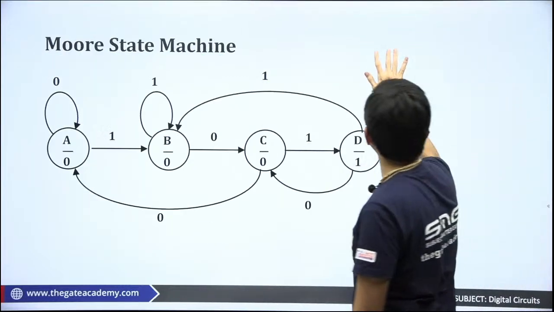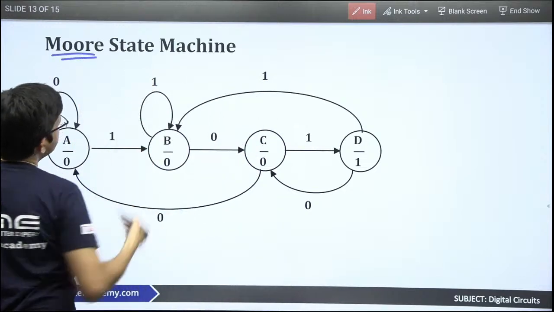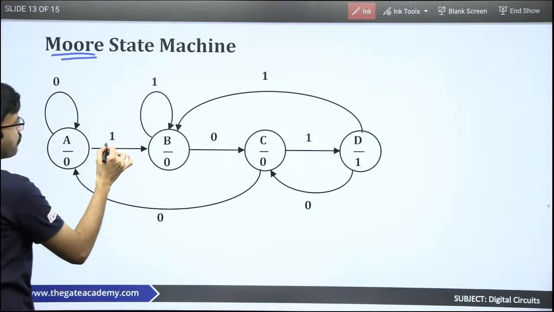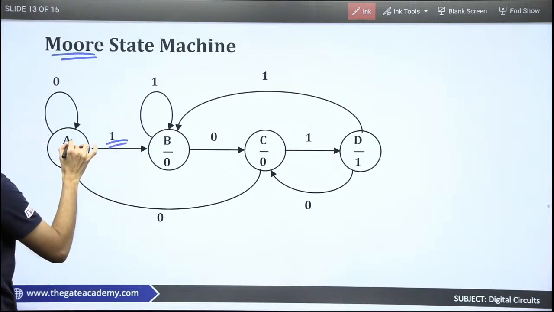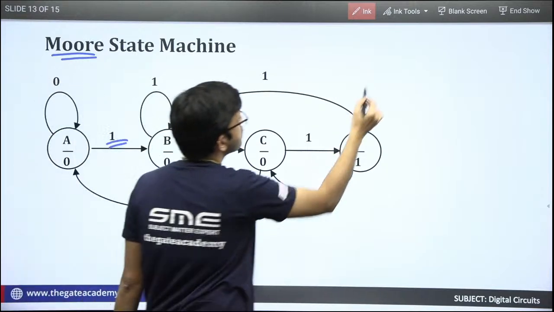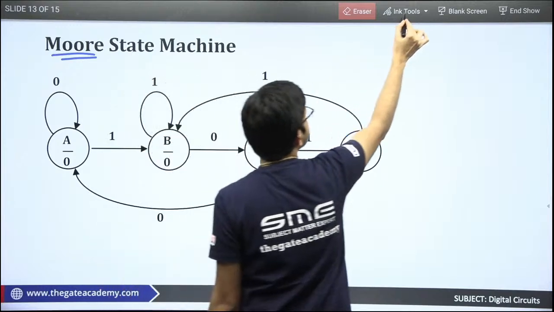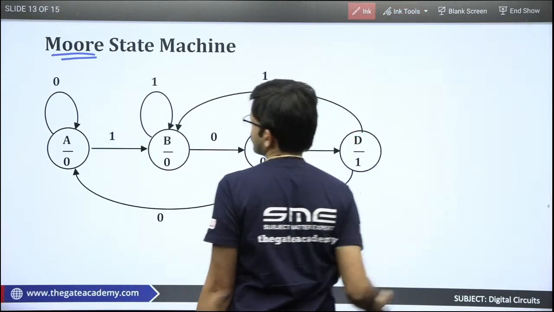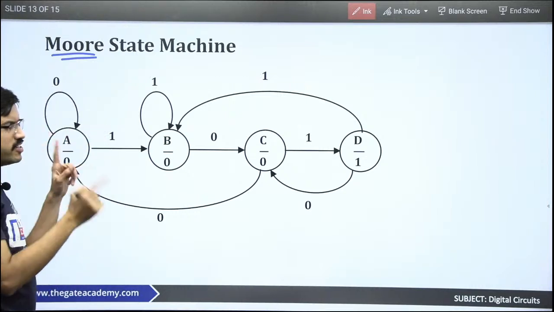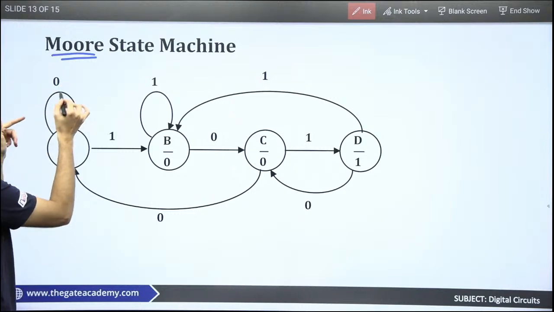Now the next one is the Moore state machine. In the Moore state machine, the output depends on the present state. If you observe the difference between the previous one and this one, previously on the arrow marks we had input slash output.